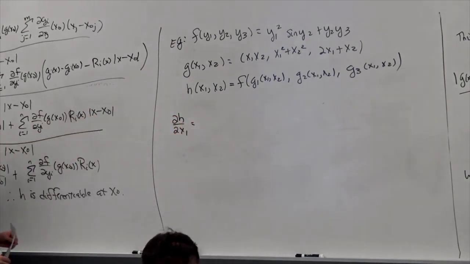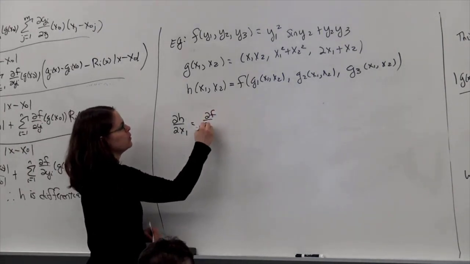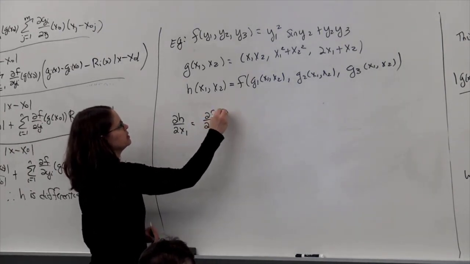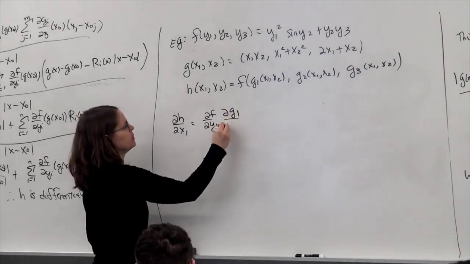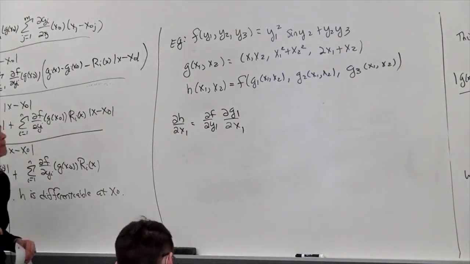what would I have to do? I would have to run through these components. So df by dy1 times dg1 by dx1, because x1 is what I'm differentiating with respect to.